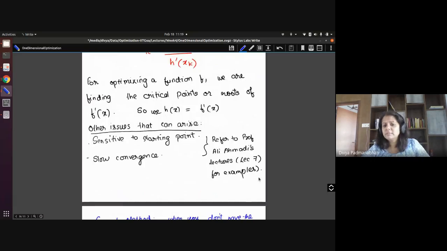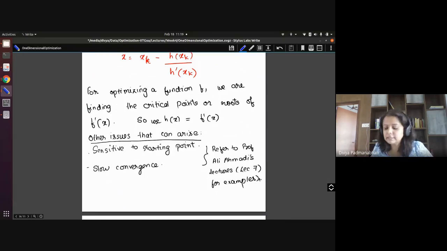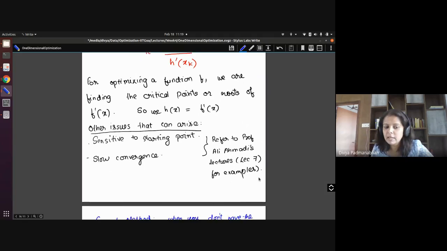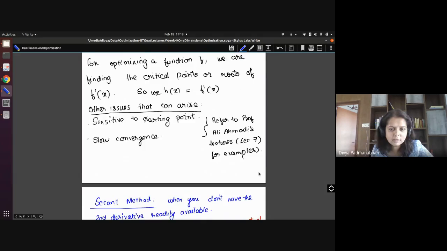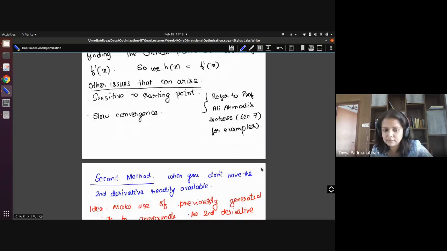You will see later that these ideas can also be generalized to more variables, so multivariable functions also use this idea. Another variant of Newton's method is what is called the secant method.